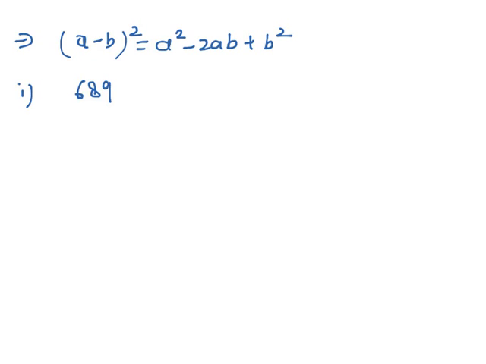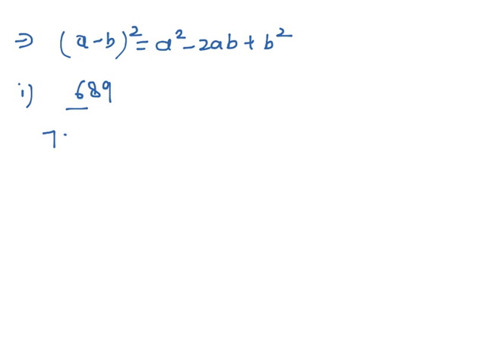Now for the next question we have to use the formula a minus b whole square, that is a square minus 2ab plus b square. We have to find the value of 689 square. So first of all we will figure out how we can split 689 so that we have zeros at the end of one number.